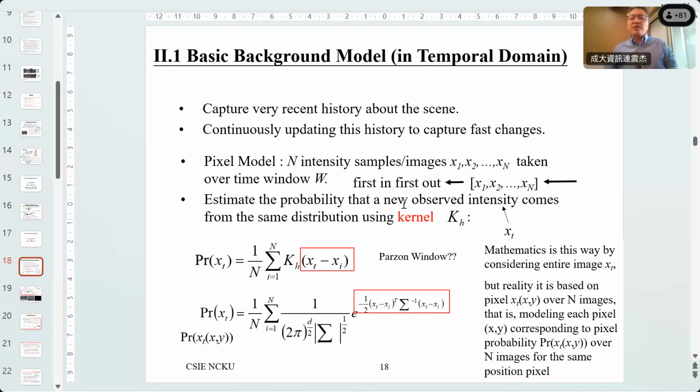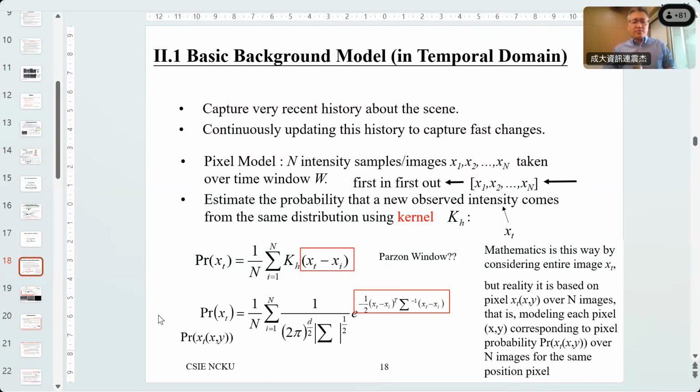So what's the non-parametric model for the Gaussian? That's very important because usually the non-parametric model has better results than the parametric model, because this can be used for the learning.